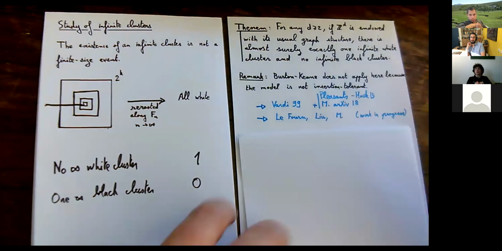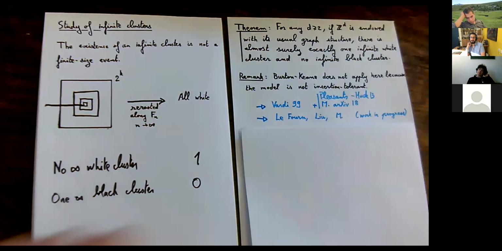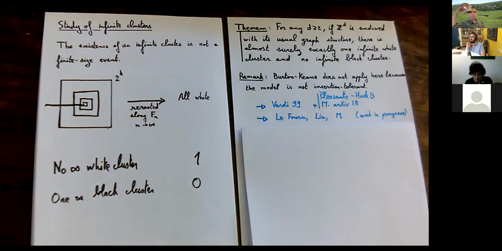But a proof that I find much clearer is given by some work in progress with Samuel Le Fourne and Mike Liu. Here, work in progress means that we have the proof, we have a first draft, but we need to improve the writing and so on. And I want to explain this proof to you.